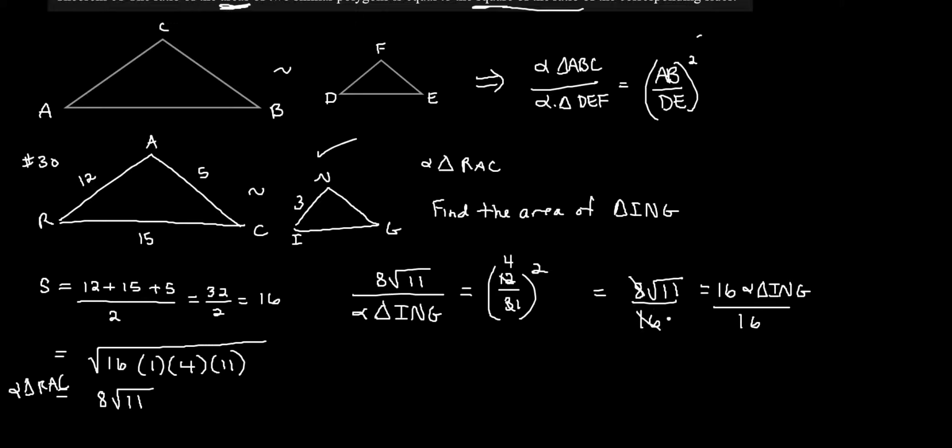These cross out, these cross out. So we get the area of triangle ING equals, it's not the greatest answer in the world, square root of 11 over 2 units.